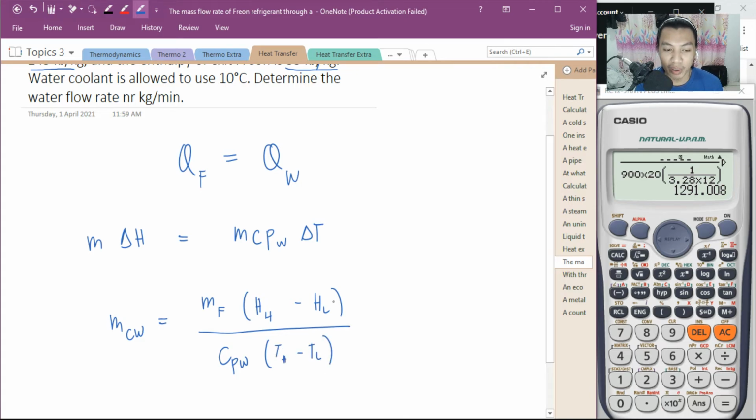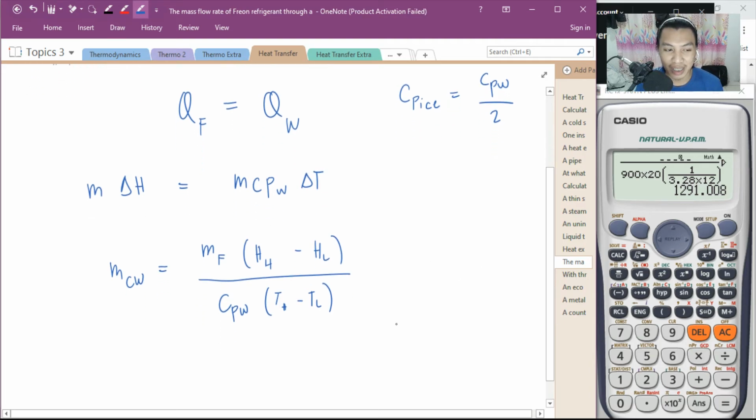Now, okay, the Cp of water, to recall, that is what? 4.187 kilojoule per kilogram, the same with Cv. How about kapag ice? The Cp of ice is always half of water. Now, kapag ang Cp ng water is 1 BTU per pound degree Rankine, ang ice is always 50% of that Cp. Okay? This is the formula, kahit di ka na mag-algebra.